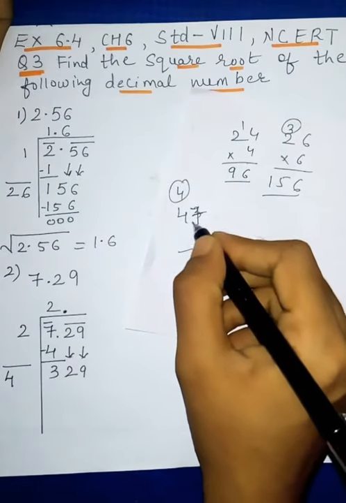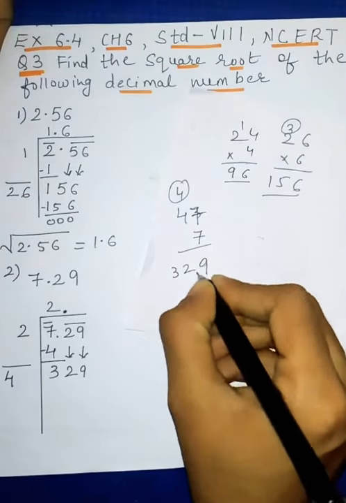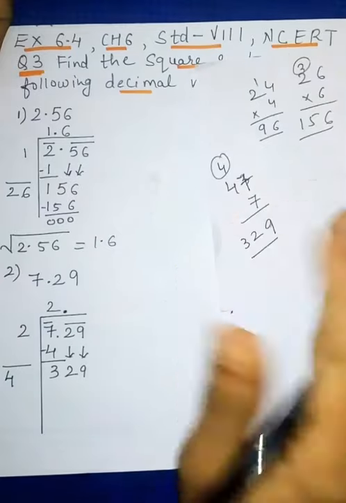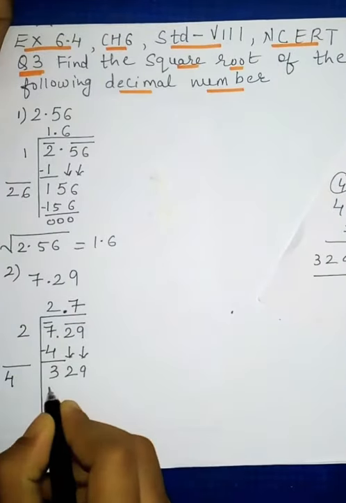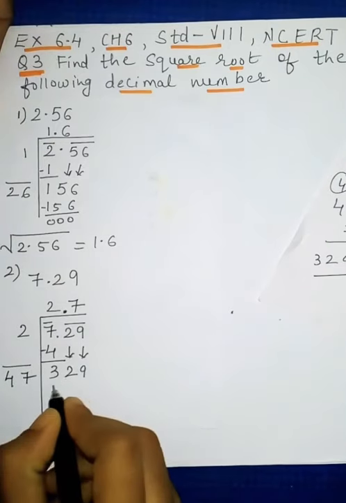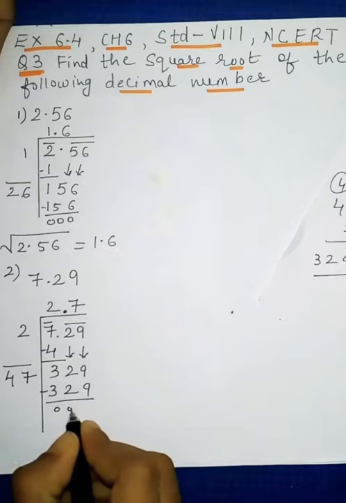Again 7 fours are 28, 29, 30, 31, 32. Yes, we are getting 329. So we have taken 7. Here I am keeping 7 and here also 7, and here I am writing the answer 329. So 0 0 0.